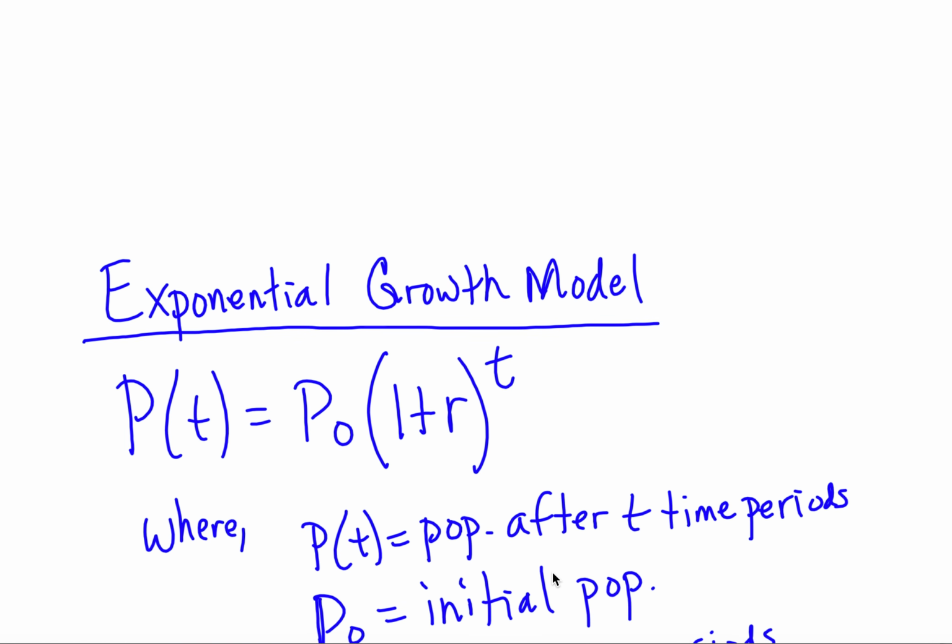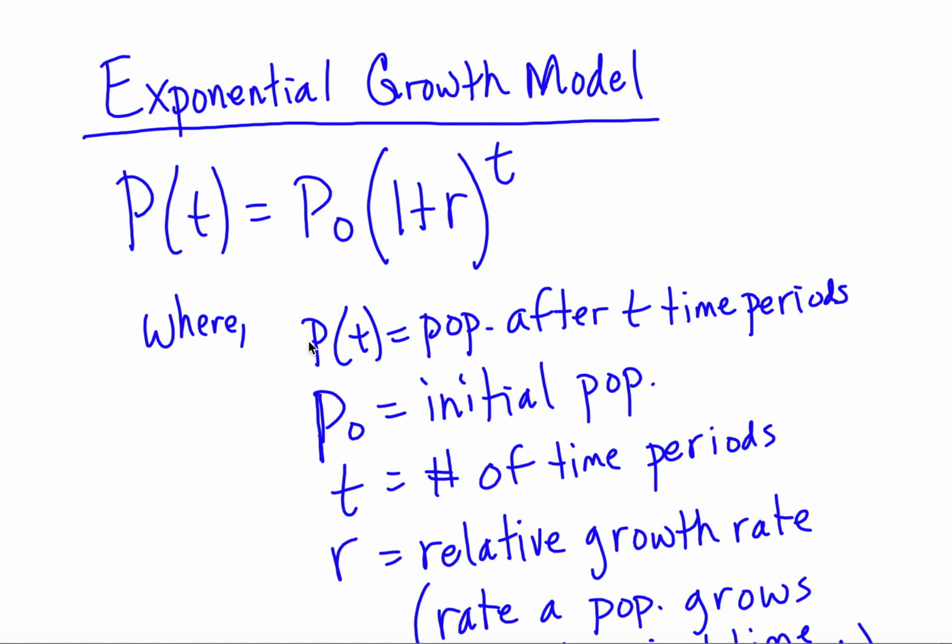So the exponential growth model actually looks like this. P of T is the population we're looking to get after a certain time period. P0 is what you start with, whatever you decide your starting time is. 1 plus R: notice that 1.05 was just 1 plus the 0.05 rate.